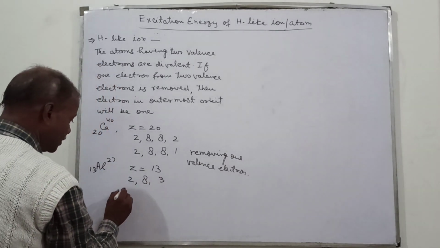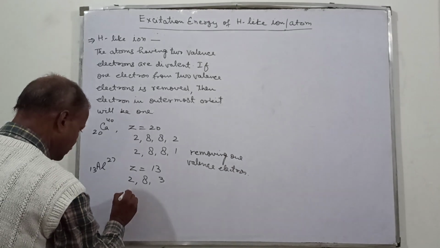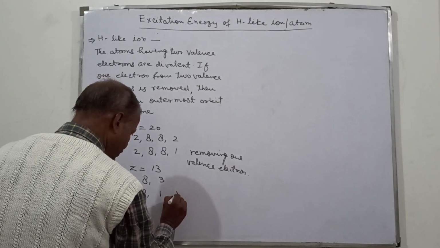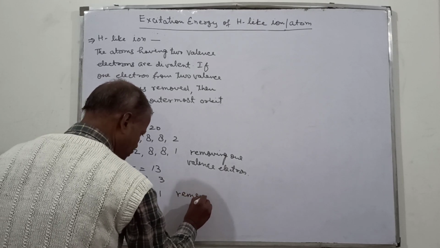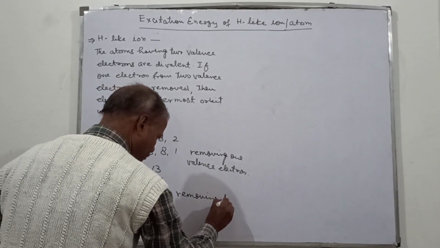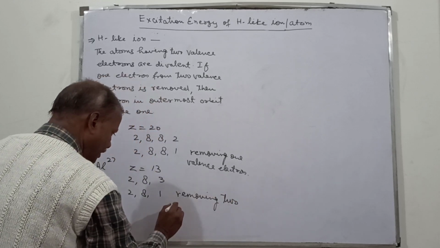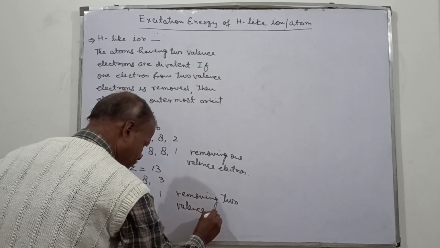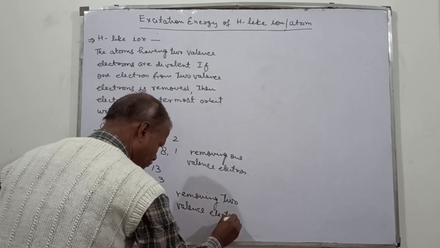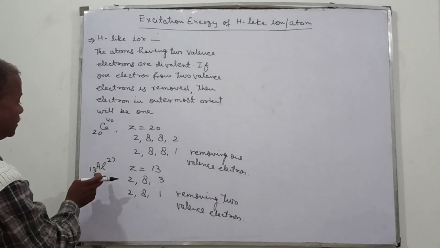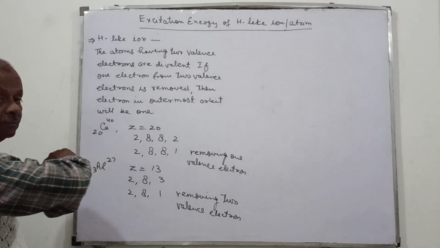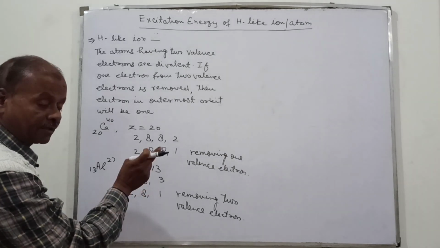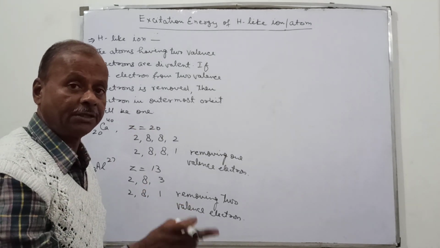Now if 2 electrons are removed, it becomes 2, 8 and 1, removing 2 valence electrons. Then this will be just like the hydrogen atom. It has only 1 electron in the outermost orbit, so its spectrum will be the same as the spectrum of the hydrogen atom.